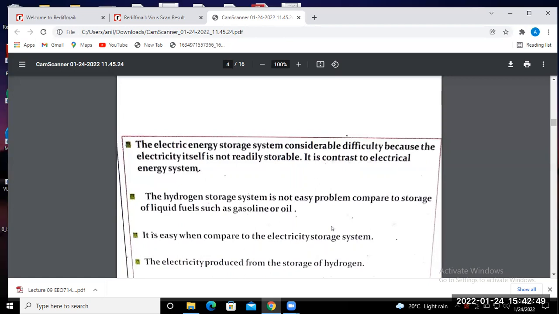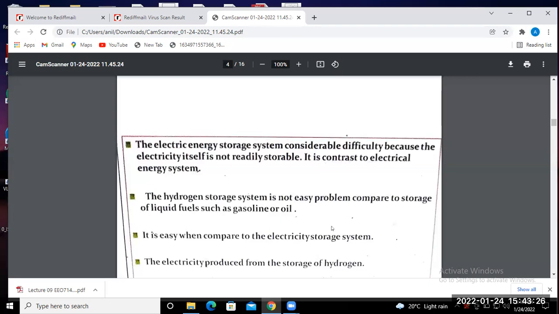Hydrogen can be stored in liquid form, but it is not easy compared to the storage of liquid fuel.